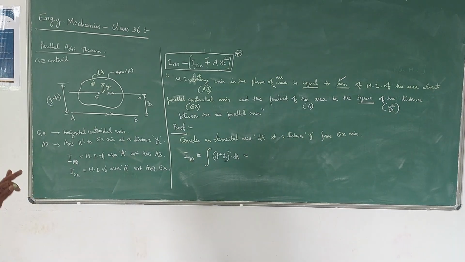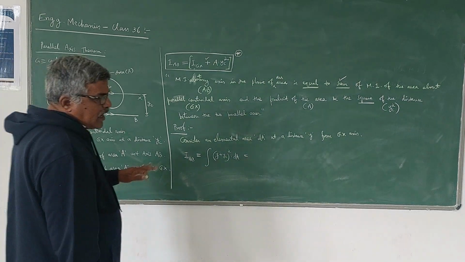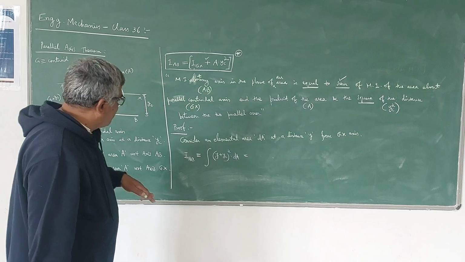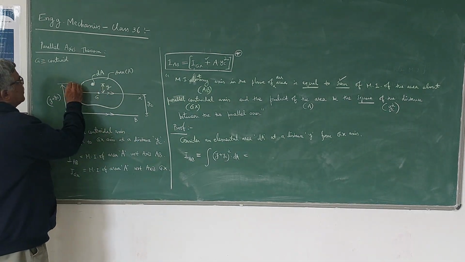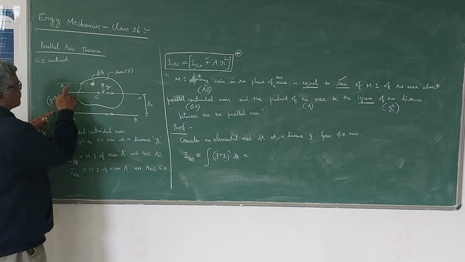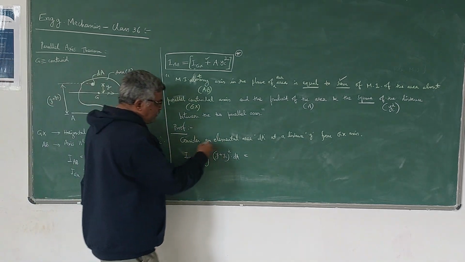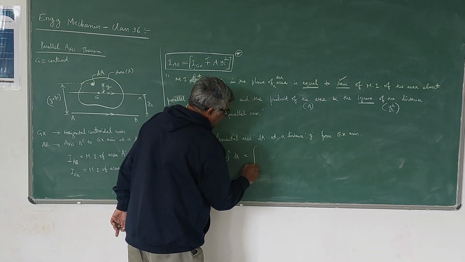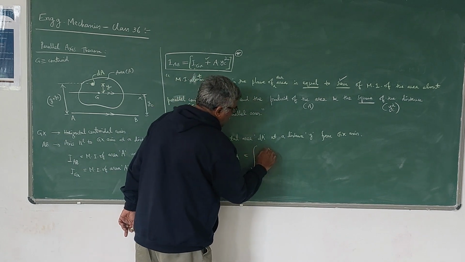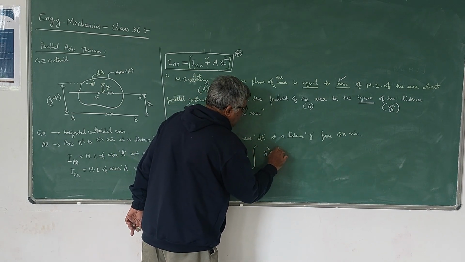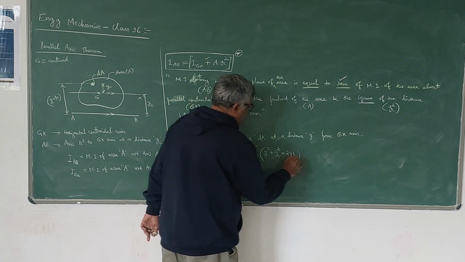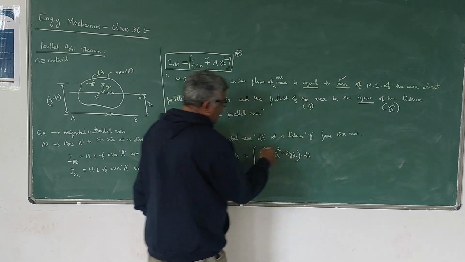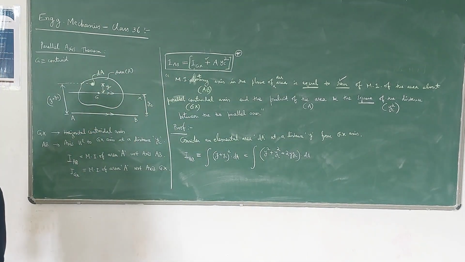Because we know that Ixx is integral y squared dA, and Iyy is integral x squared dA. Here I am taking I_AB, where the distance of this elemental area from the AB axis is y plus yc. So to simplify, I use the formula (a plus b) whole squared: integral of y squared plus yc squared plus 2 y yc dA.